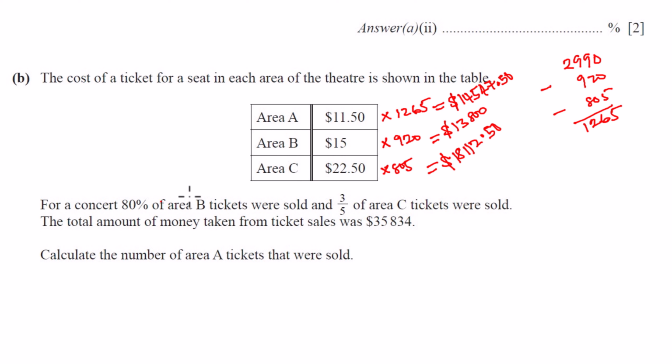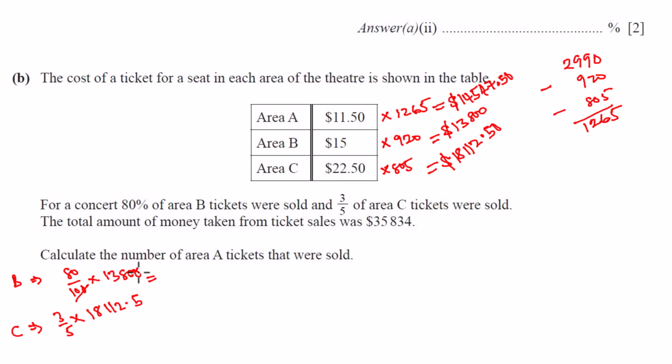So 80% for B, 80% is 80/100 of 13800. And for C, 3/5 times 18112.5.